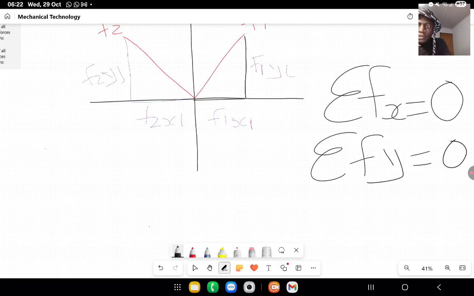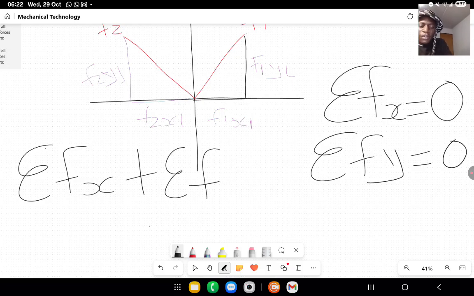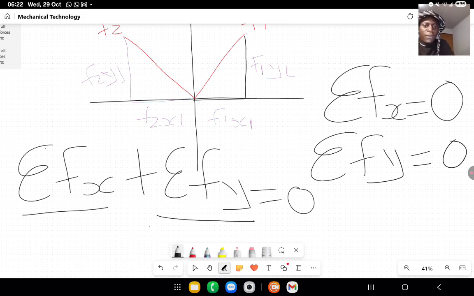It will say the sum of Fx plus the sum of Fy is equal to 0. That means if we add the sum of vertical forces and the sum of horizontal forces, it will give us 0. Okay, I hope we are clear there.